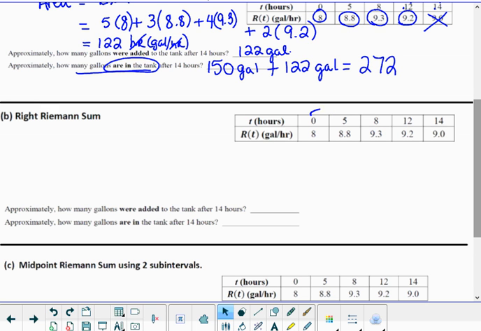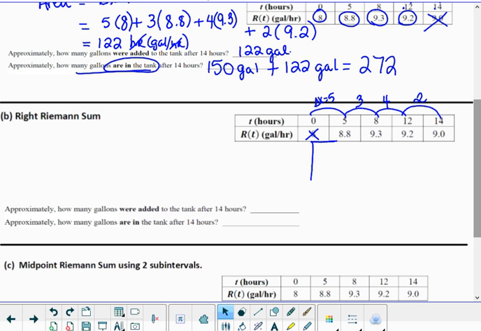That is a left-hand calculation. Let's go do a right hand. We still have our delta x's that we need to calculate out. Delta x was 5, delta x is 3, delta x is 4, delta x is 2. This one is right-hand based, so I will not be using the very first number.